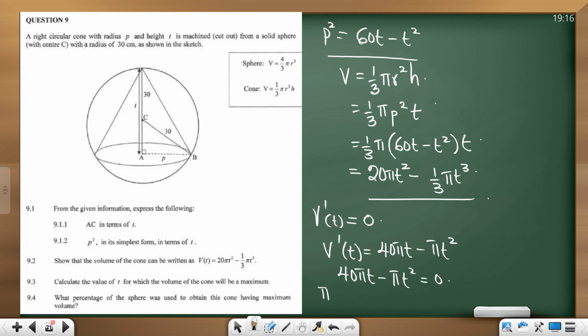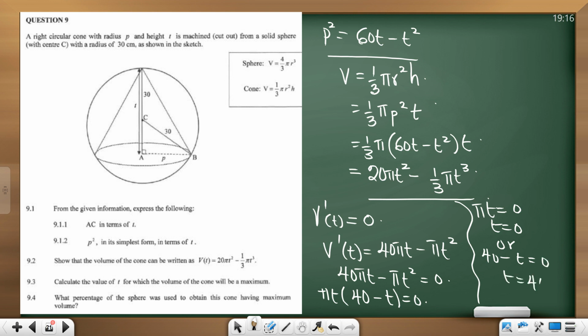Let's take out pi t. 40 minus what? T. Already you can see your answer. T is 40. So either pi t equals 0 and t equals 0, or 40 minus t. But t cannot be equal to 0, because it's a measurement.